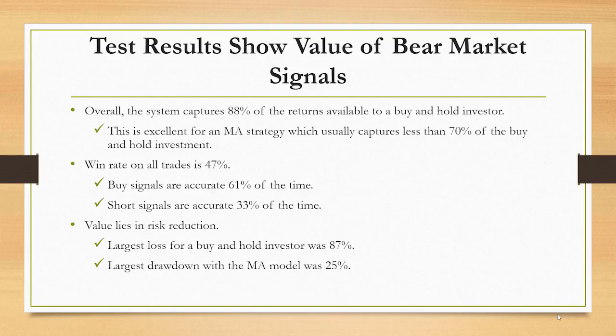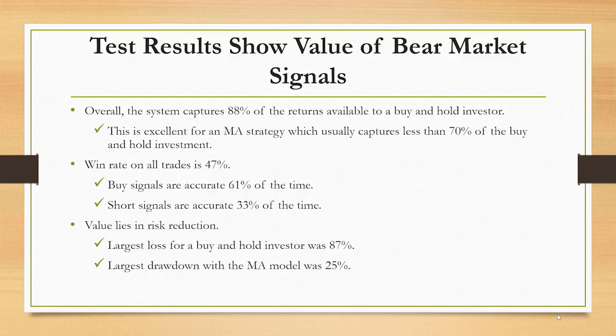Moving averages historically underperform a buy and hold investment. The win rate for this particular system of 47%, that's actually, again, pretty good. A moving average system is usually in the low 40s. And the win rate for long trades, for buying, accurate 61% of the time, that's exceptional for a moving average-based strategy. Again, remember, they're usually in the 40s.